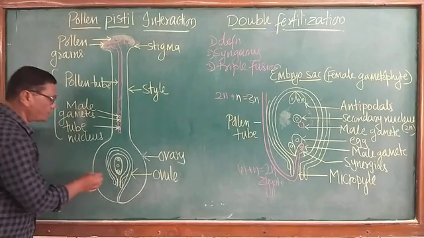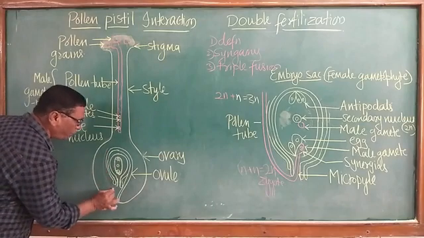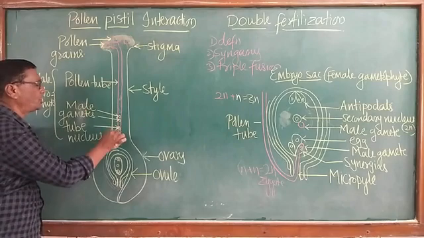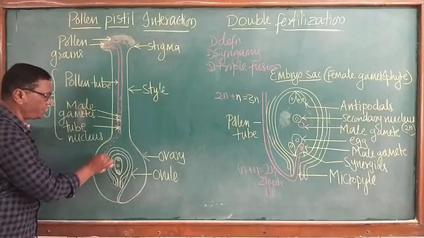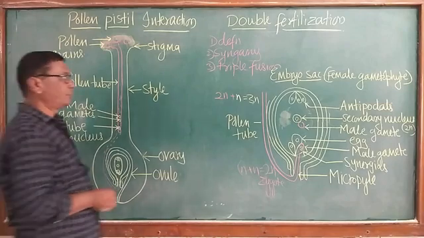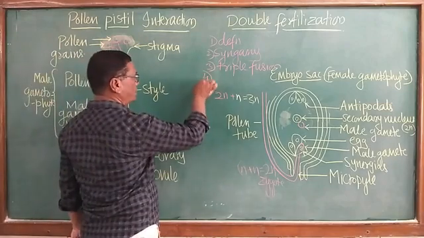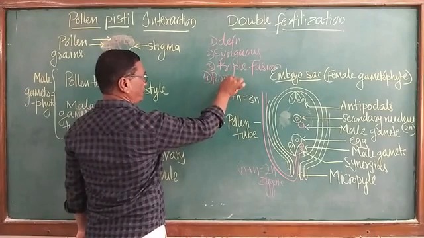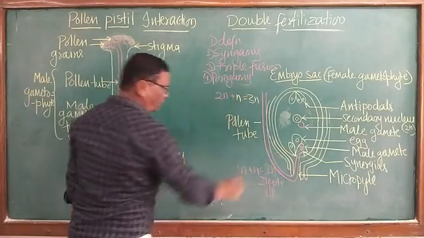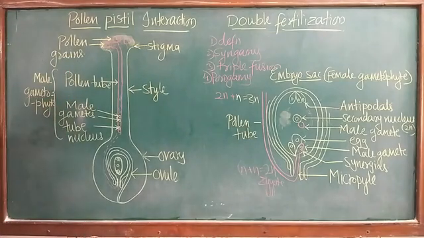Most of the time, the pollen tube enters the ovule through the micropyle. When it enters through the micropyle, it is called porogamy.